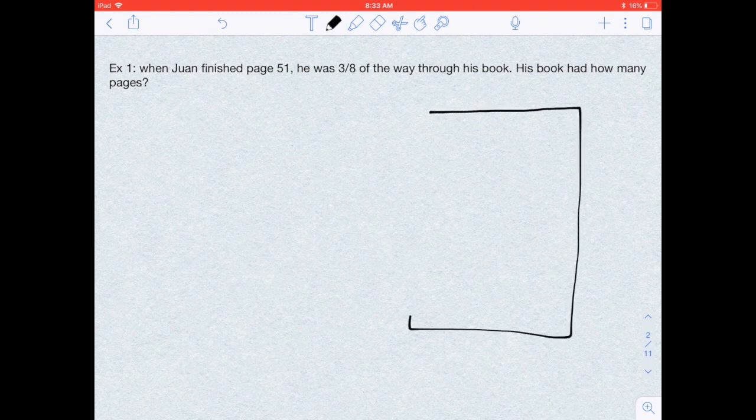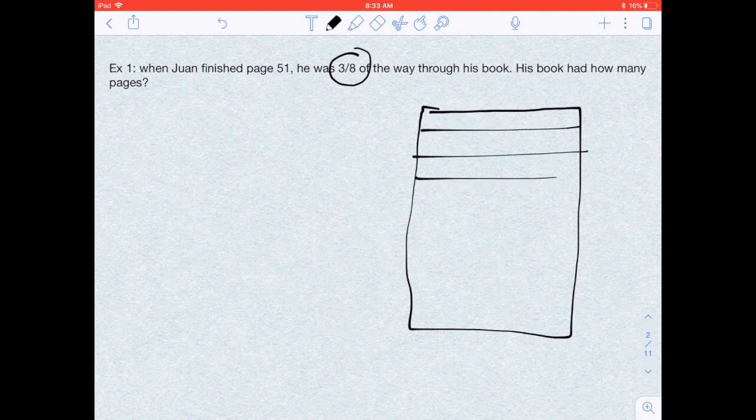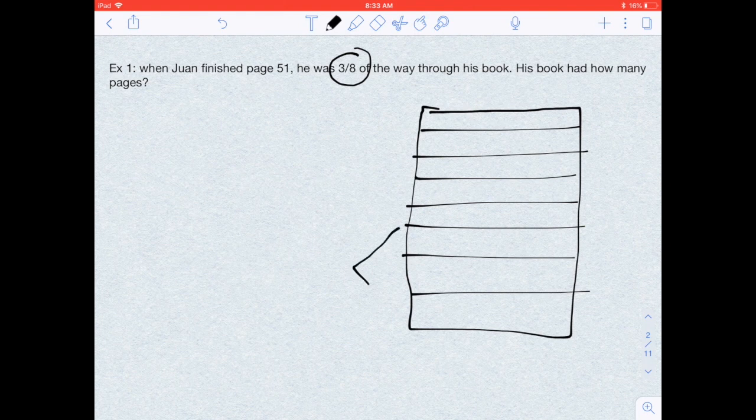So I know I'm going to make a box, and it says 3/8. So I'm going to divide my box into 8 pieces. 1, 2, 3, 4, 5, 6, 7, 8. So 3/8 of it is how far he's gone. So how much read?